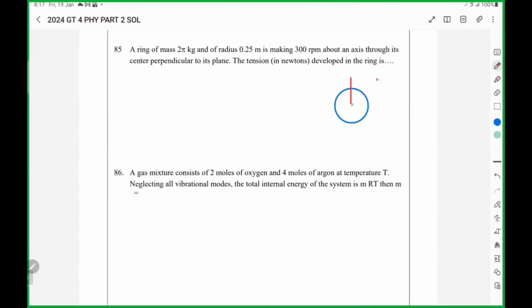If you take a wire and stretch it from both ends, tension will be developed in the string. Here also there will be a tension. Let us consider a small part of length dl whose mass is dm. So that is under stress. The tension will be developed here.